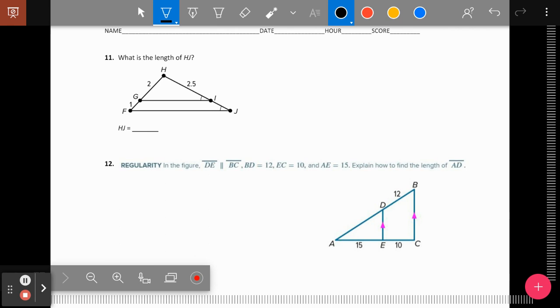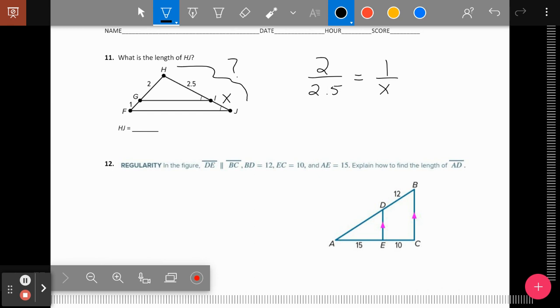Number 11, this one's tricky because this is where I'm going to put my x, because I can find that fastest. All right. And then this is actually what the question is asking for, the whole side HJ. Now, again, you can set the proportion. I would do 2 over 2.5 and 1 over x. Mr. Schlosser would do that a little bit differently. He would do 2 over 3 and 2.5.